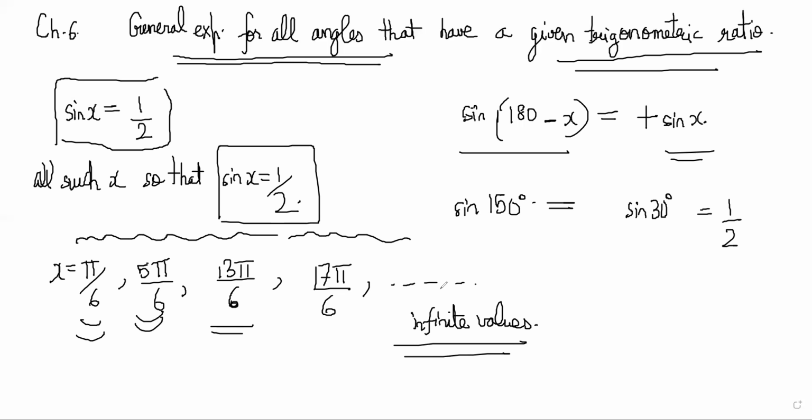Okay. Yes, sir. So to capture all of these angles, you will have to notice some pattern on these angles, right? So here what we saw is 0 plus 30, and then it is 0 plus 150, right? And then it is 2 pi plus 30 and 2 pi plus 150, right?